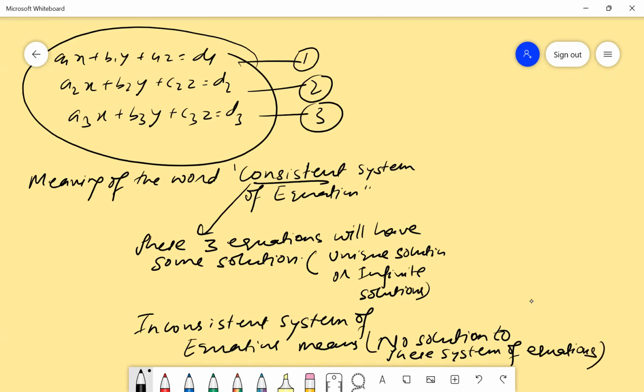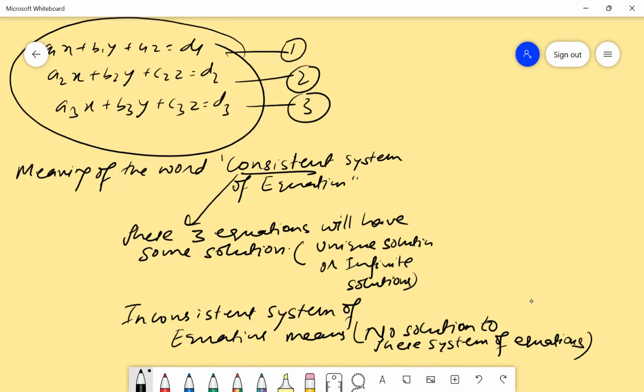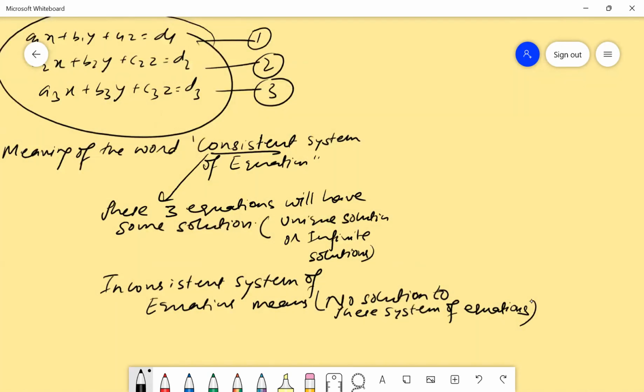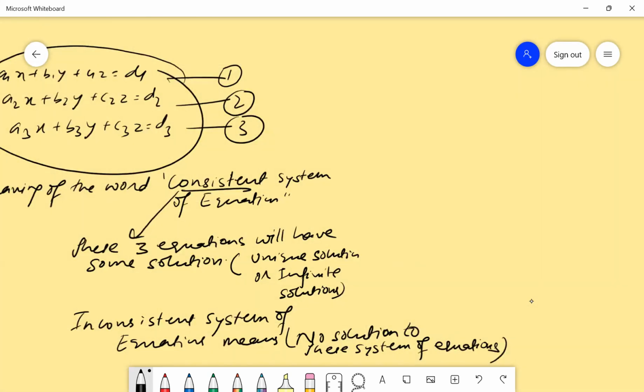Okay. Now, how do we find the condition that a system of equations is consistent or not? We have already gone through the formula: x is delta x by delta by Cramer's rule, y is delta y by delta, z is delta z by delta. This is the invention of the mathematician Cramer.